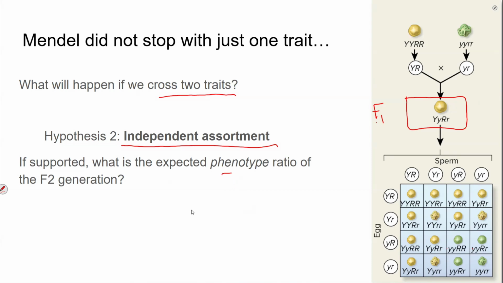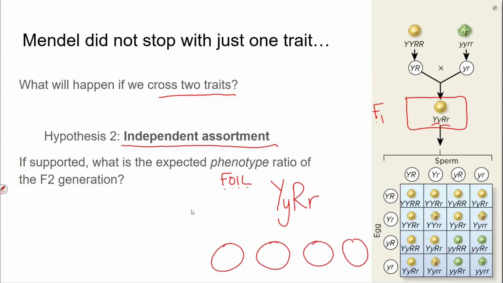Okay, so we can use this FOIL method: first, outside, inside, last. We know that in each gamete, we need to have an allele for the Ys and an allele for the Rs, and the parent contains these combinations. So in each of the gametes that we are going to make, we need to have a Y spot and an R spot.